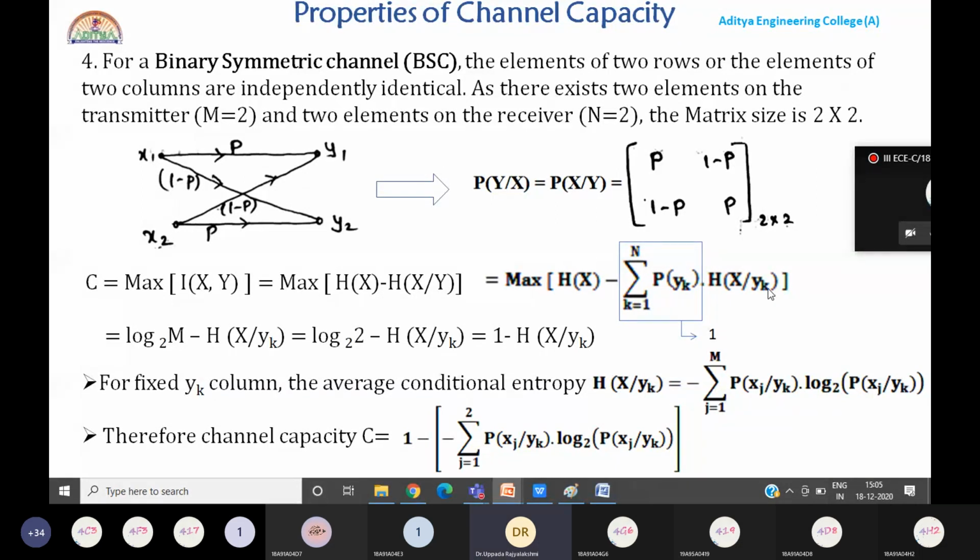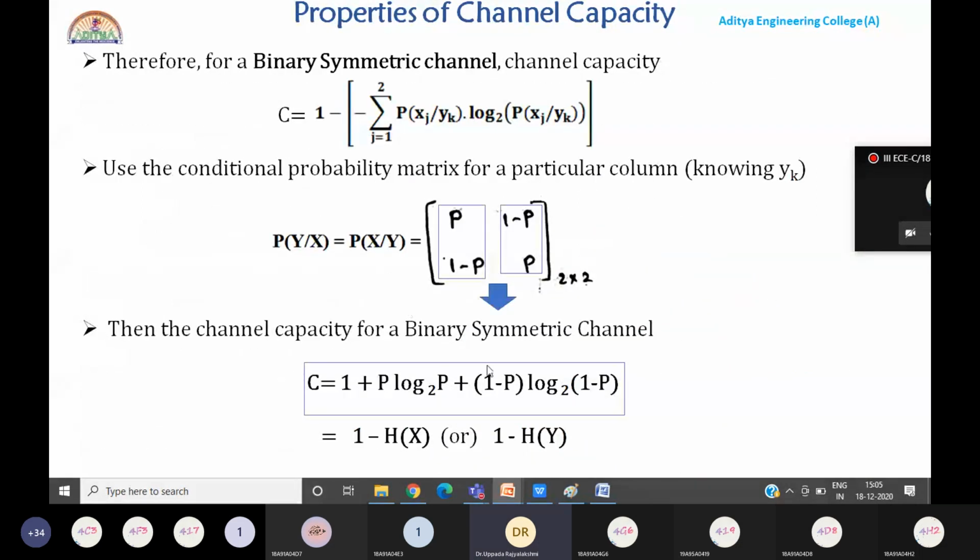So I can say that the corresponding entropy can be either H of x or H of y. Why H of y? Because if you take any row, the first row for instance, the entropy of the first row is p log p base 2 plus 1 minus p log 1 minus p base 2. Therefore, channel capacity can be represented as either 1 minus H of x or 1 minus H of y.